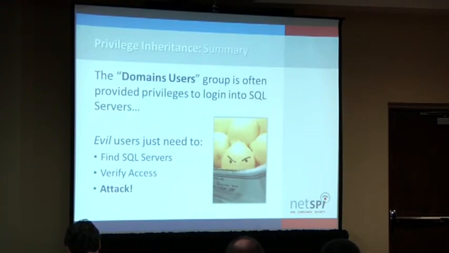The issue that we see a lot during penetration tests, so this is real world, is that the domain users group, this global AD group, gets added with at least logon privileges on a lot of SQL servers, just because it's easy. When you're setting up an application and starting to do debugging, the DBA will simply throw on domain users so it just works, and then they forget to remove it. So that's scenario one that we see a lot, that allows domain users to get database access.